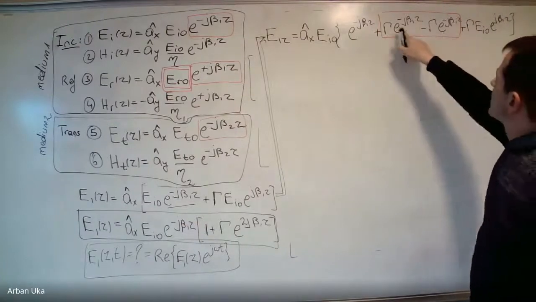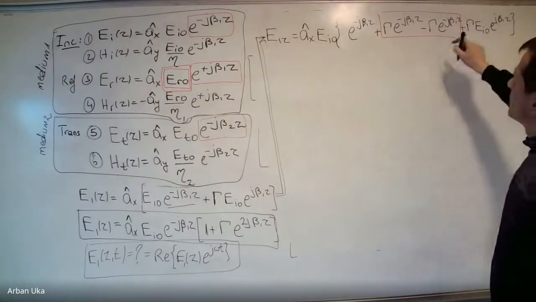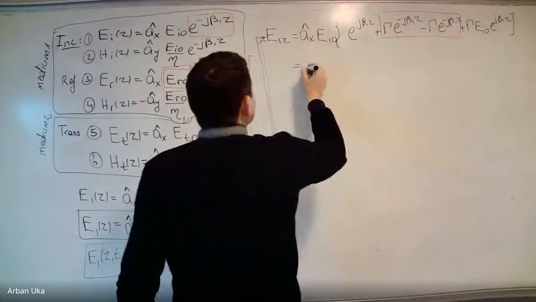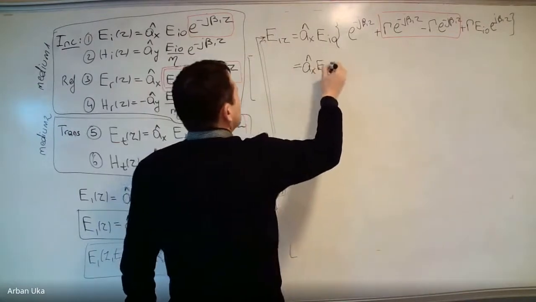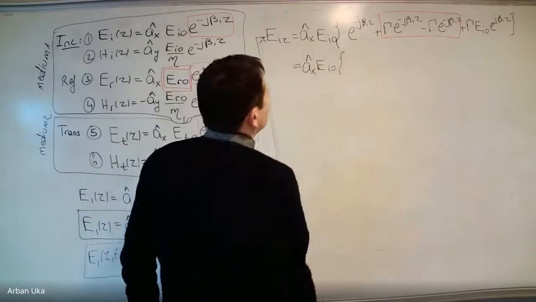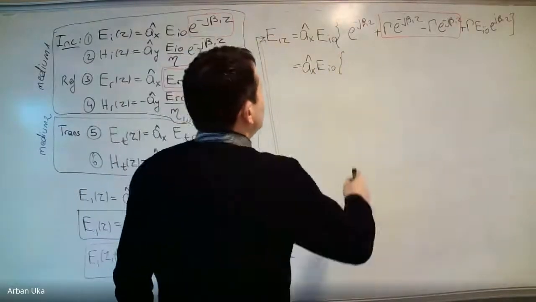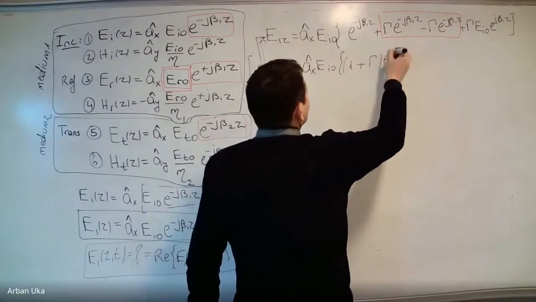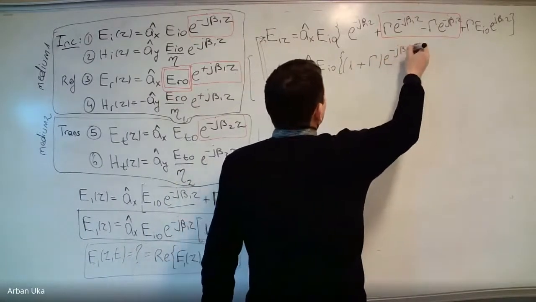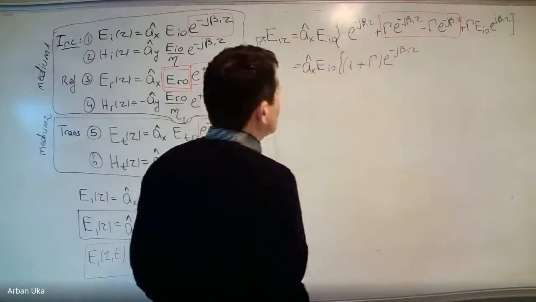All these terms are negative, this is plus, because this is the transmitted component. And then we get here a_x E_I0, and we observe that we get 1 plus the reflection coefficient times e to the power minus j beta 1 z, okay?